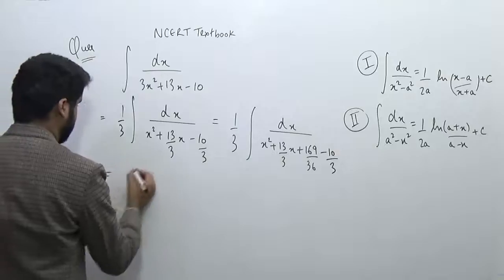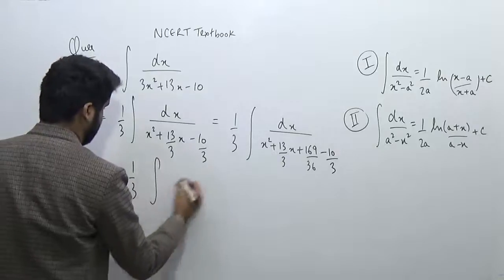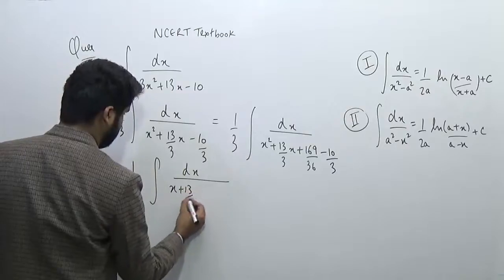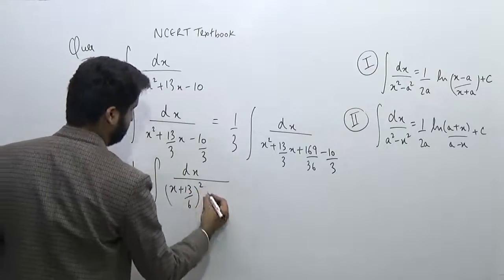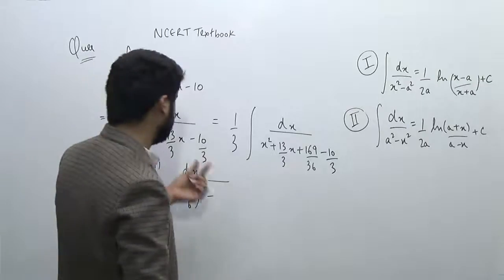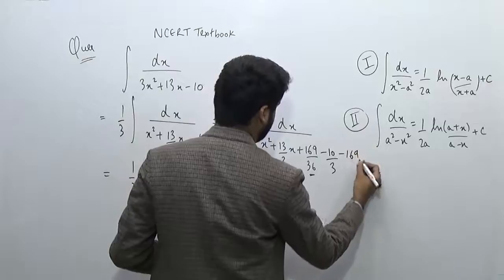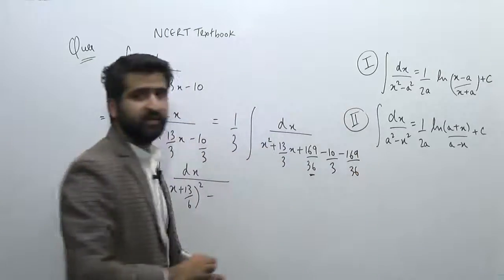This result will be equal to (1/3)∫ of (x + 13/6)² ... If I add this thing, I will also have to subtract it. That's how we complete the squares.